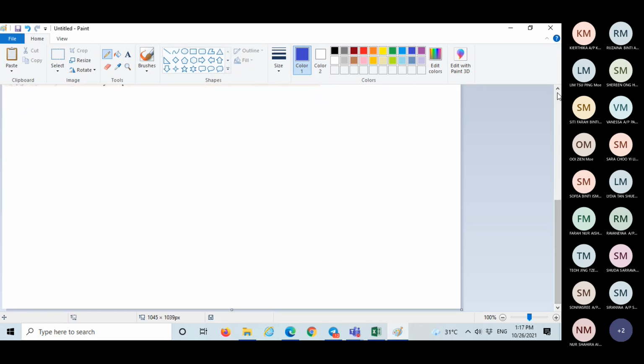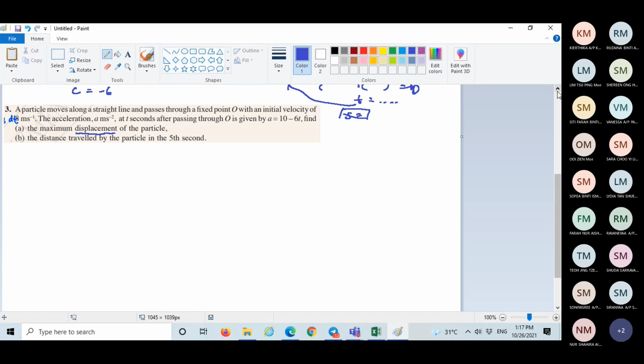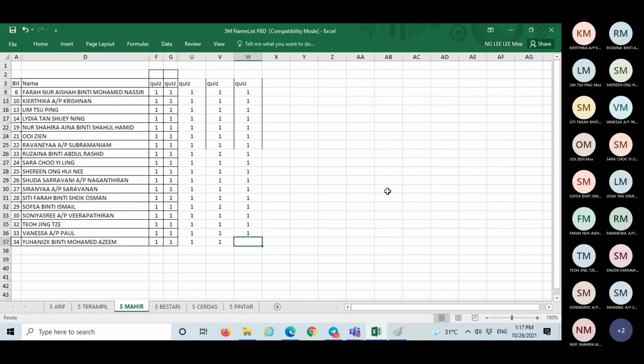So this one A is given, so I need the V and I need the S. So I start with the V, integrate the A with respect to T. Okay, I come back to the first girl. Farah, can you do the integration?